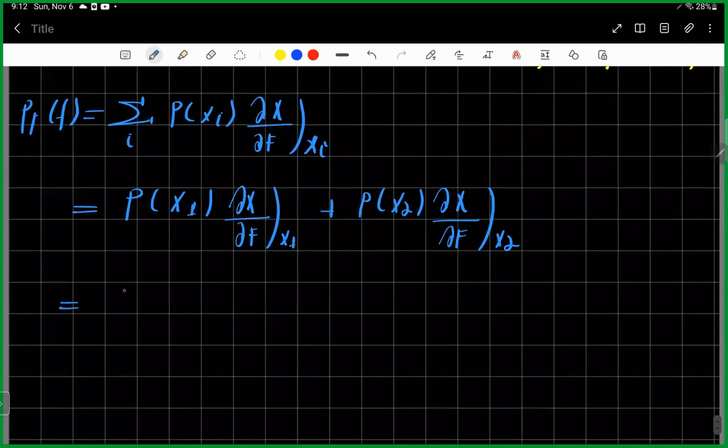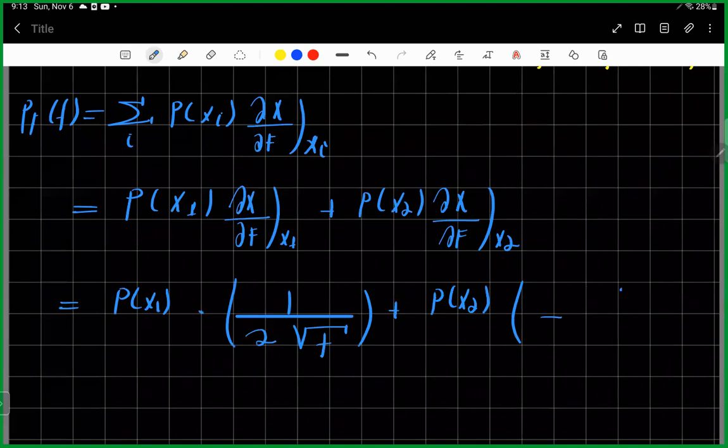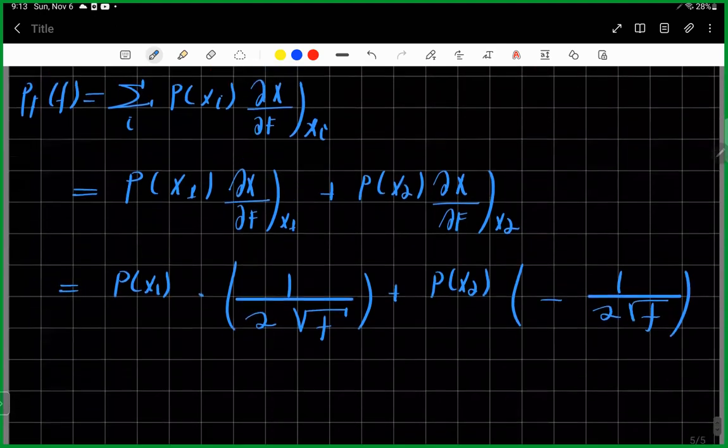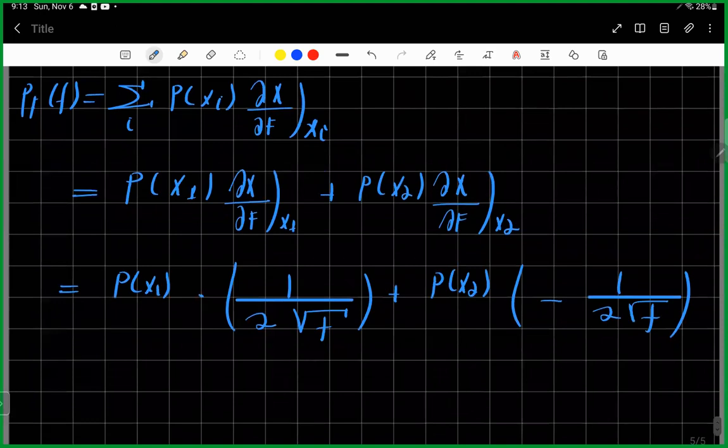So then this is just p of x1 times 1 over 2 square root of f plus the probability of x2 times minus 1 over 2 square root of f. Very good. So let me see, what do we have here?